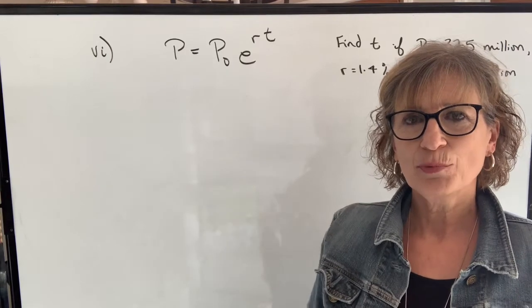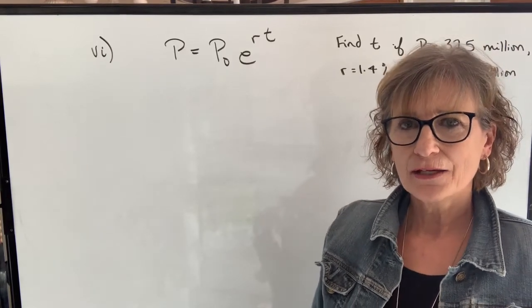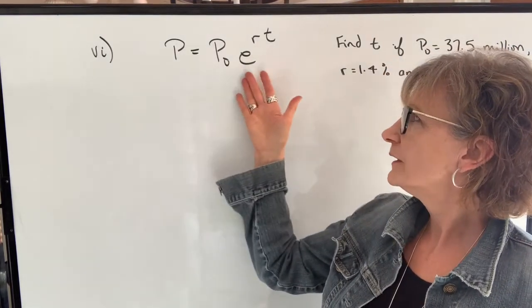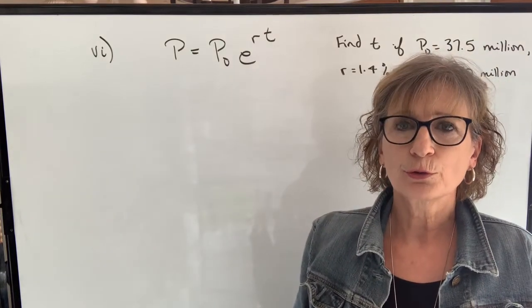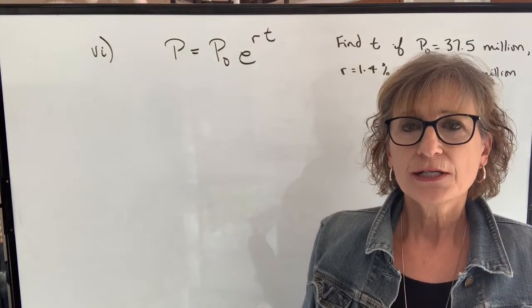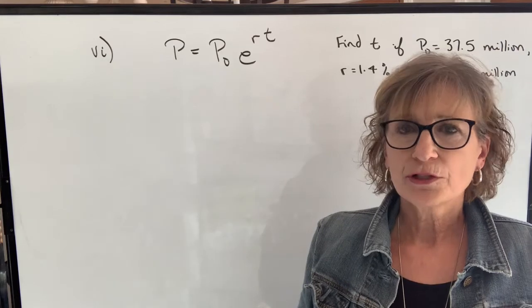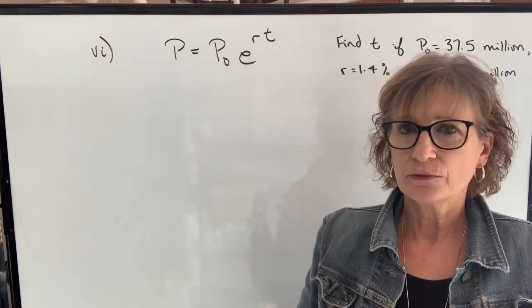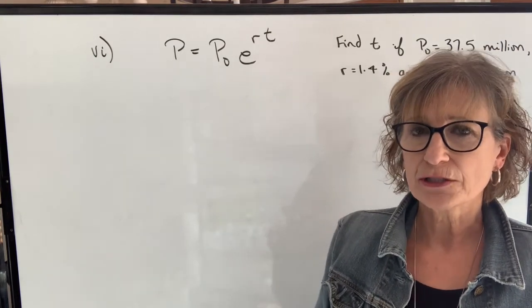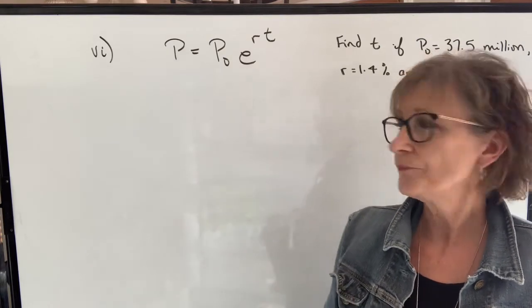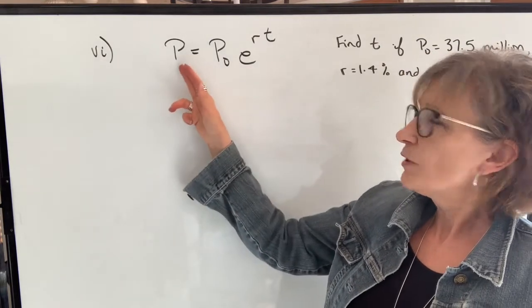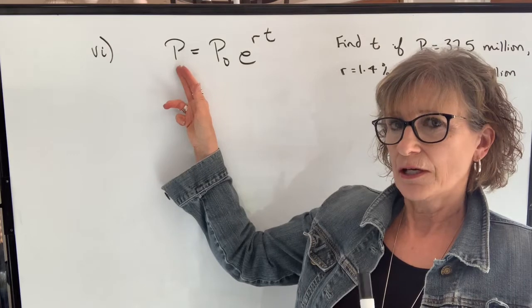Okay, our last example deals with population growth, and this formula is often used to model or represent population growth. So it could be a country population growth or a city or whatever the population is. It could be an animal species and so on. P represents the population at time t.